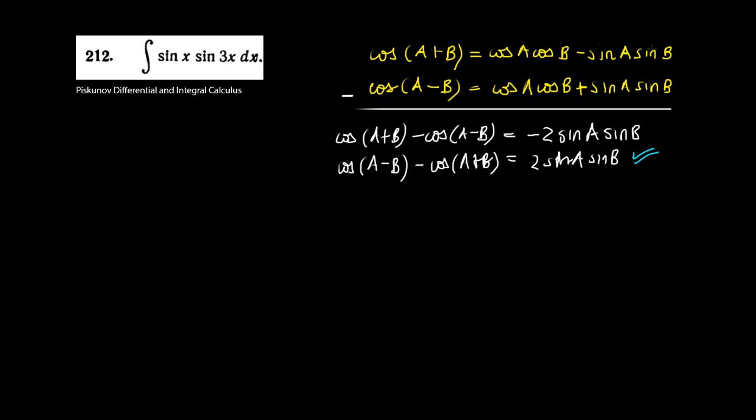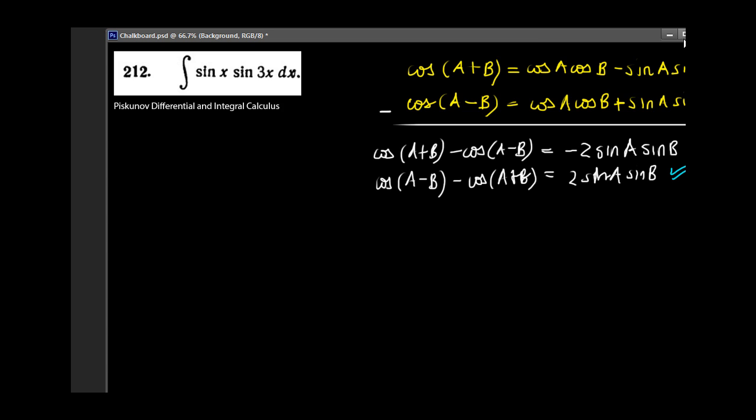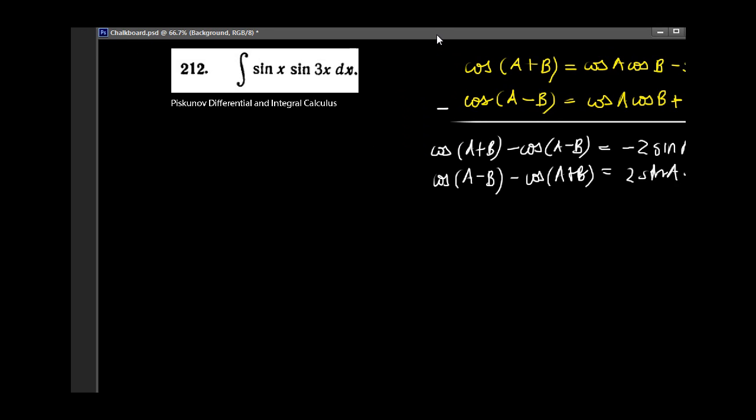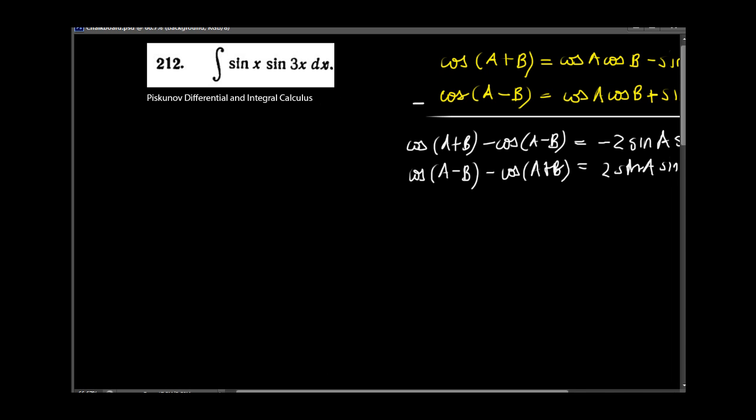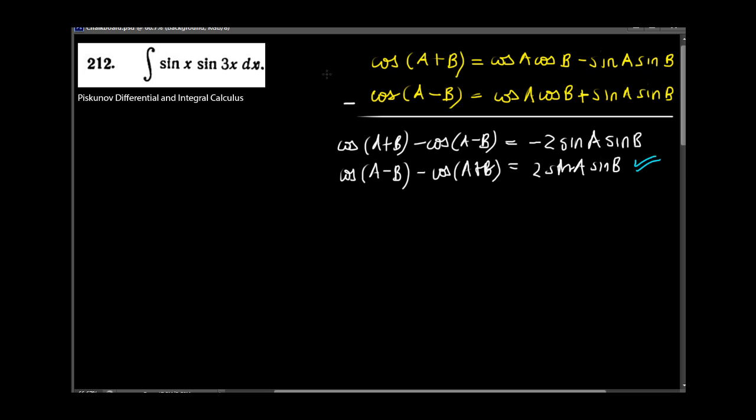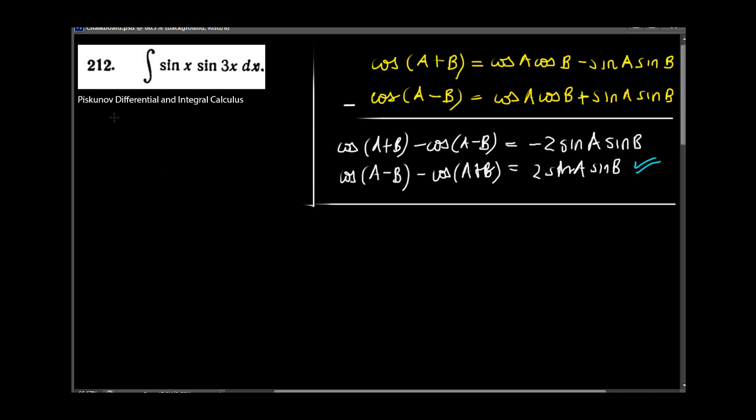So I'm going to rewrite the integral. Okay, so this becomes, I'm going to multiply and divide by 2, so this is 1/2 times the integral of 2 sine of x times sine of 3x dx.